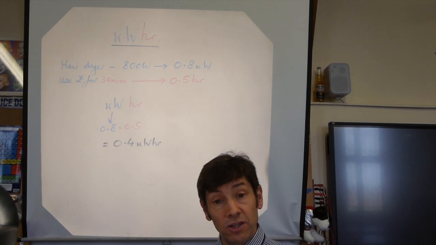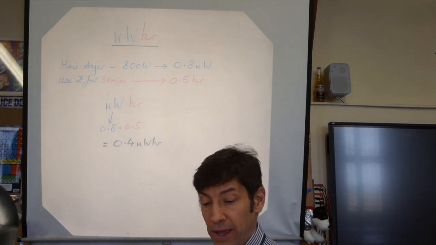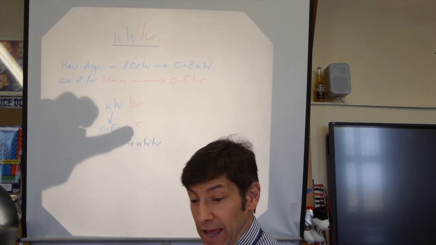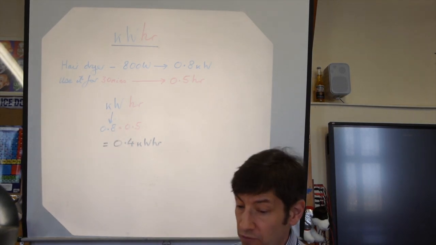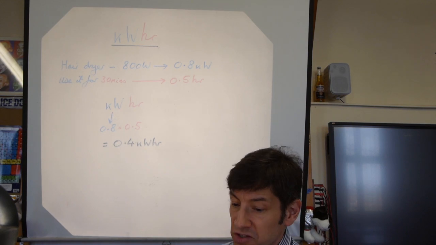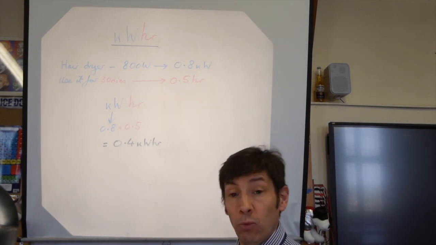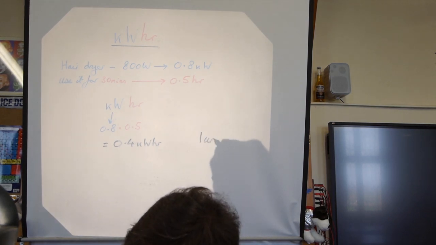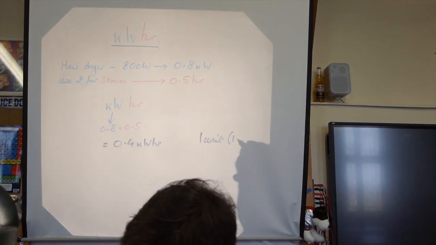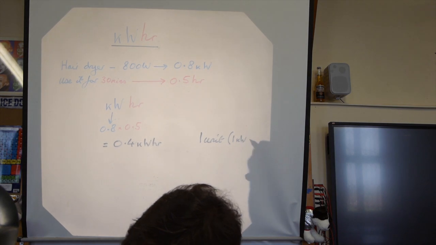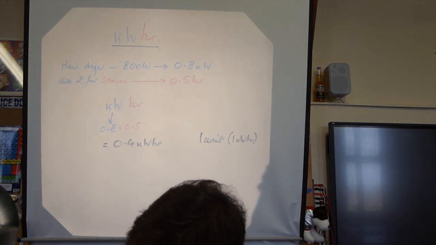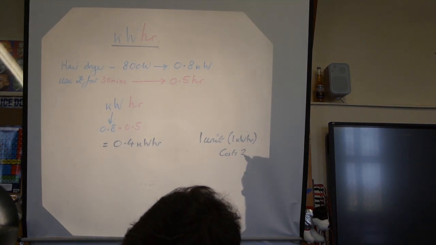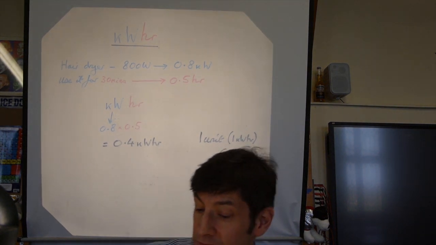Isn't it obvious that the cost you're going to have to pay depends upon how powerful the device was and how long you left it on for? Okay, so the final bit to say is, but what do we pay? Okay, well, let's say that 1 unit, that's 1 kilowatt hour, costs 20 pence.